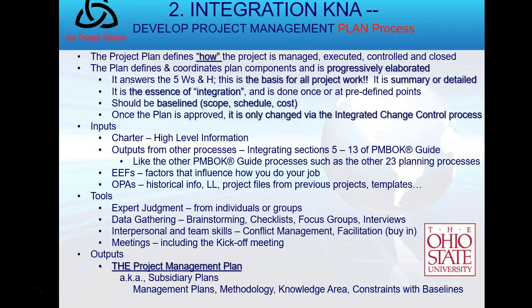Let's now continue to define the scope to match the budget, to match the schedule, to match the quality, etc. So as those individual processes have outputs, we want to make sure they're balanced and integrated and coordinated amongst everything. Okay? And that's what I mean by outputs from other processes.